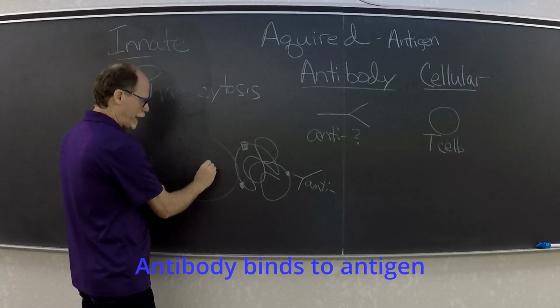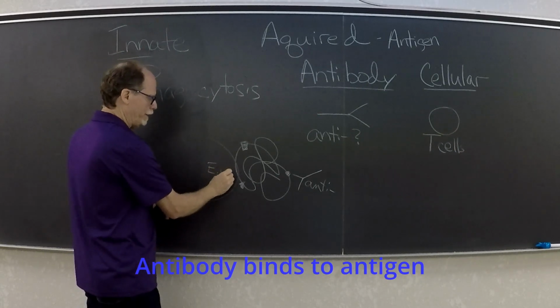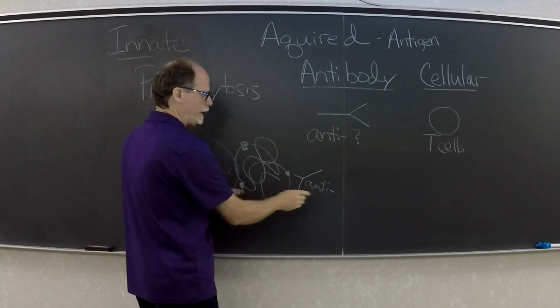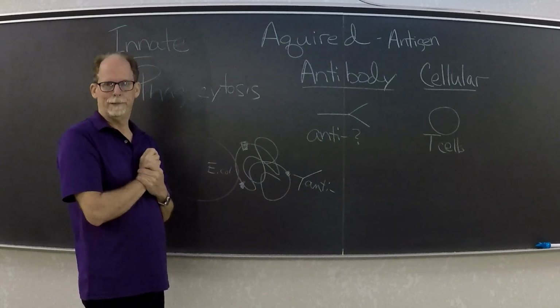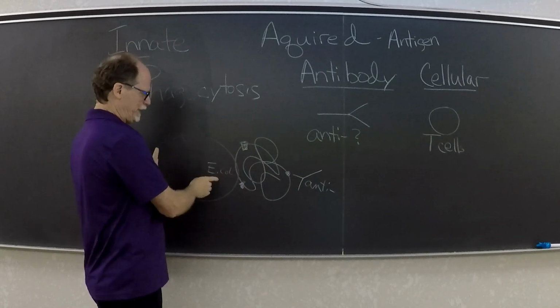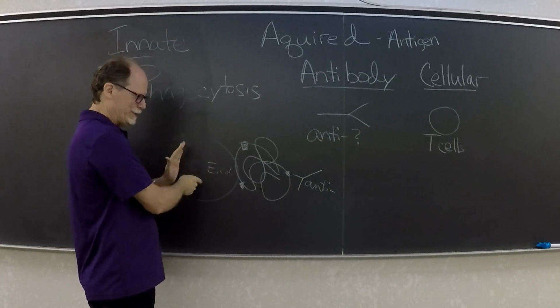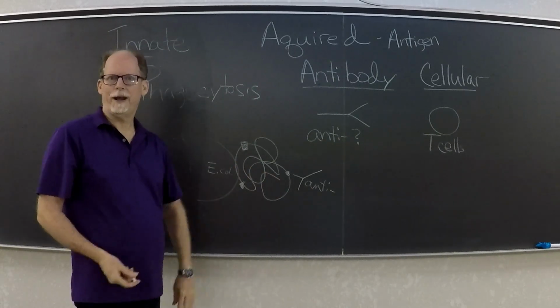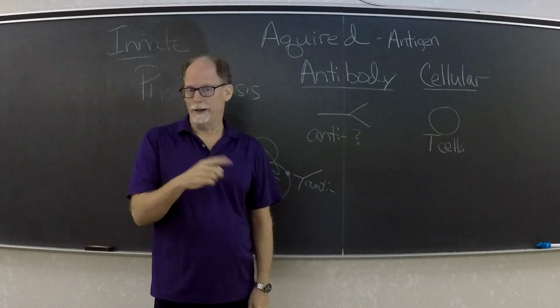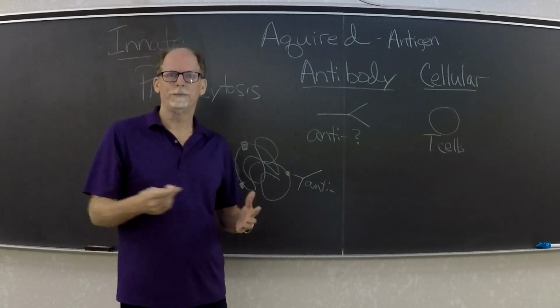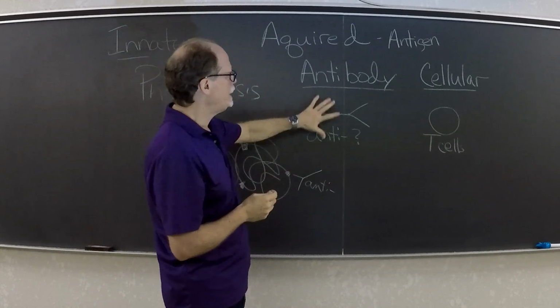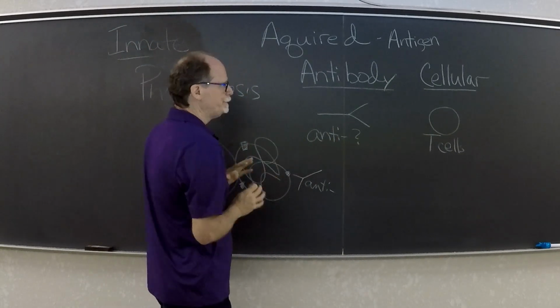If this is E. coli, the bacteria, then you might call it anti-E. coli antibody. But it's not that specific. There could be several antigens on E. coli. You could have anti-E. coli number 1, anti-E. coli number 2, depending on. So that's the antibody, it binds.